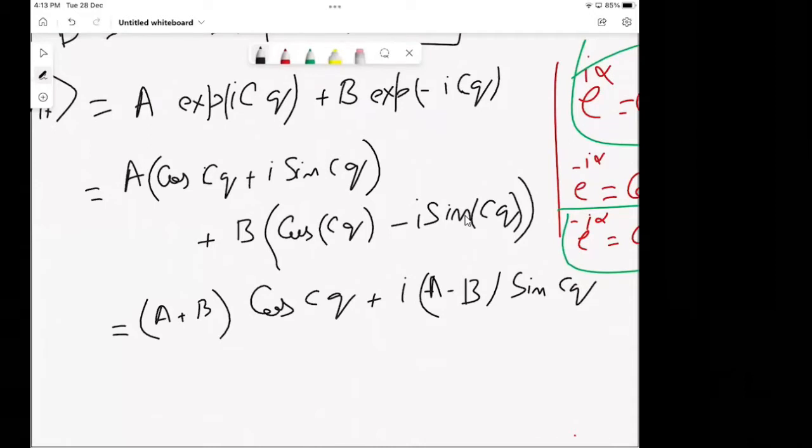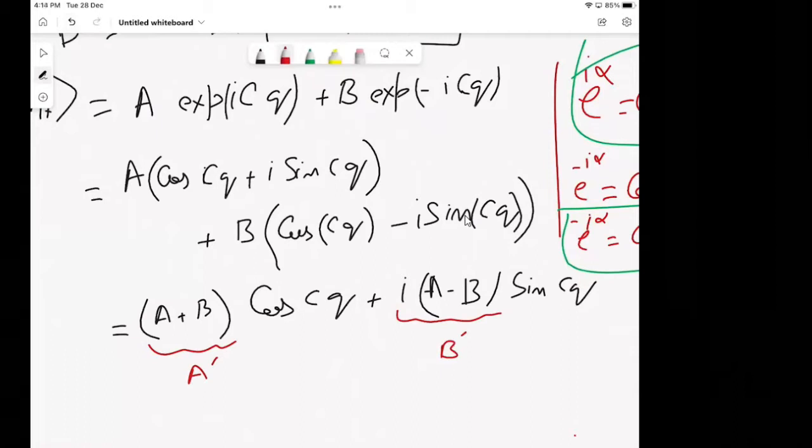As we know that a and b are constants, we can say that the sum is another constant. I am using c, so I may replace it with a prime, another constant, and iota a minus b I replace with b, to differentiate it from a plus b.